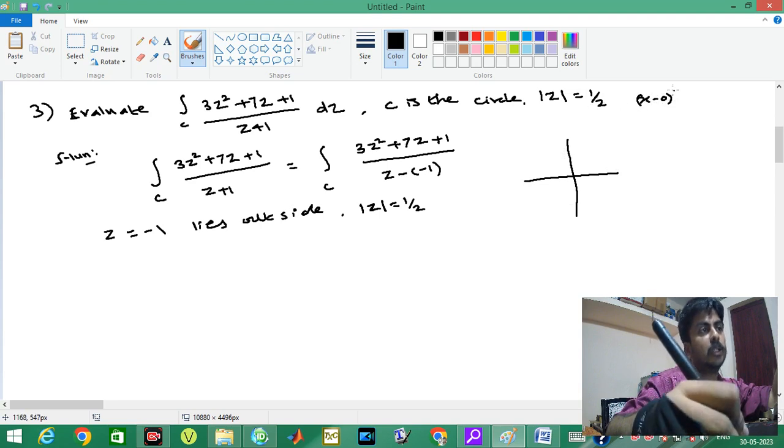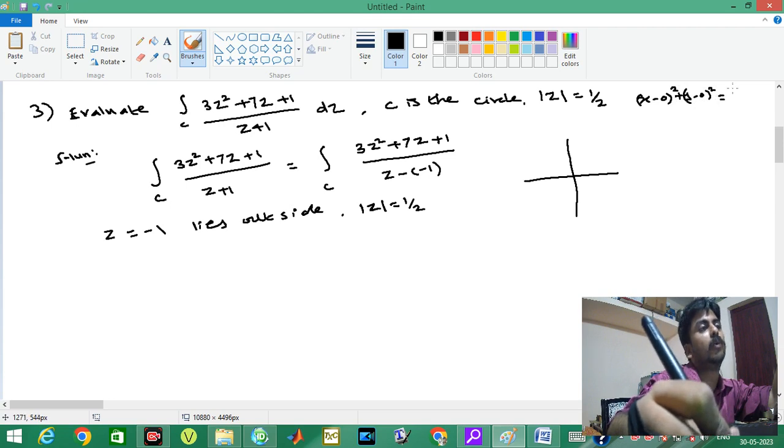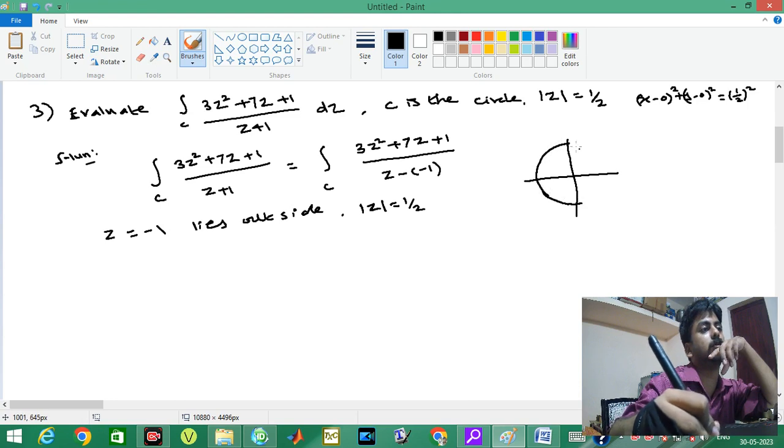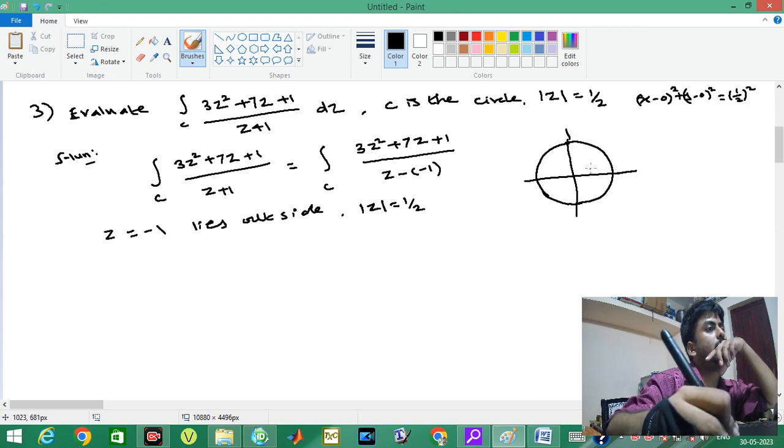So radius is 1 by 2, that is 0.5, r equal to 0.5.